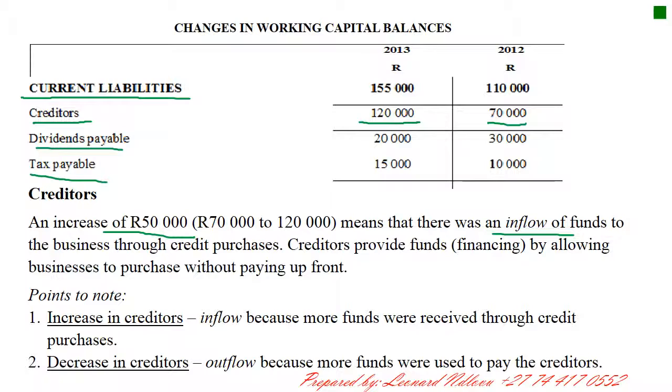Creditors provide funds, that is financing, by allowing businesses to purchase without paying upfront. Points to note here: an increase in creditors is an inflow because more funds were received through credit purchases. A decrease, on the other hand, represents an outflow because more funds were used to pay creditors.